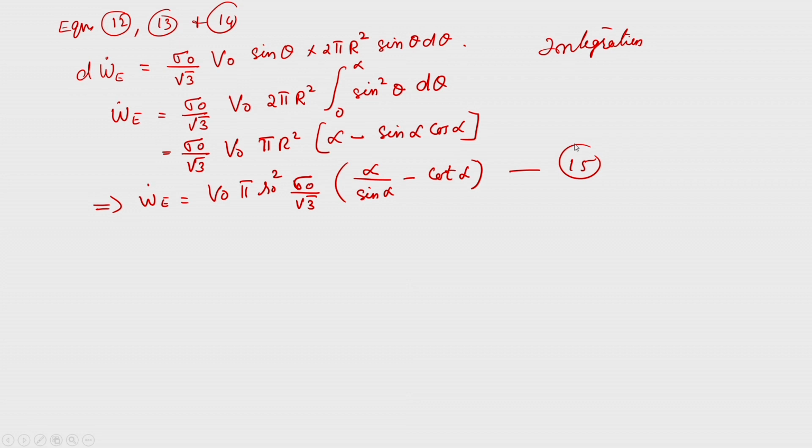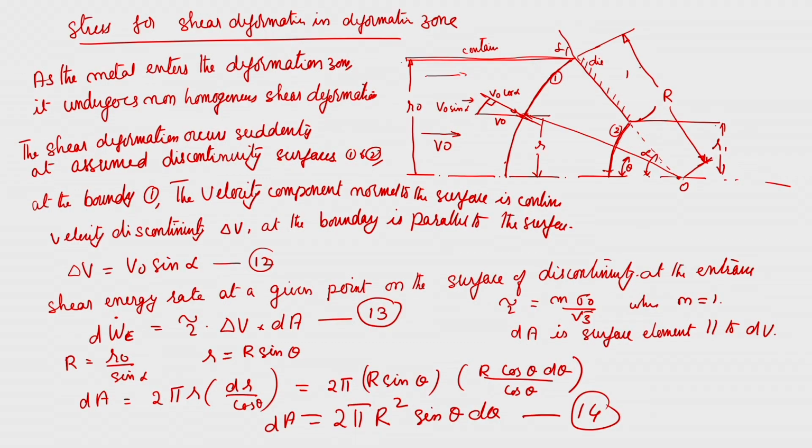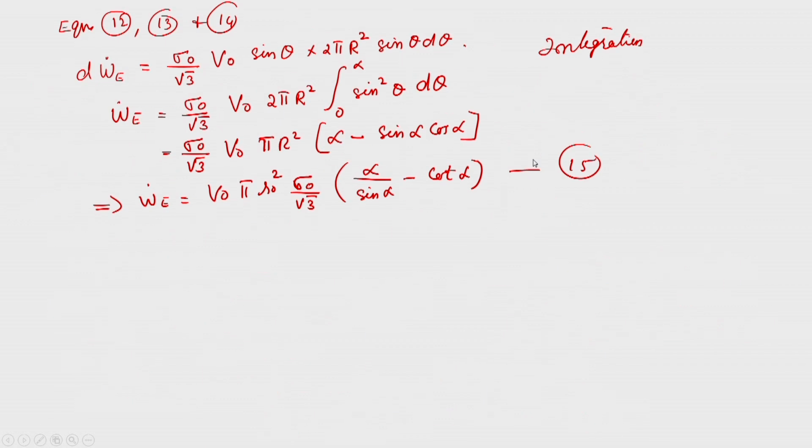Since the shear occurs at the entrance and exit, at two regions the velocity discontinuity is taking place. So, shearing is taking place once at the entry to the deformation zone, and the other at the exit of the deformation zone. So, this is 1 and this is 2. These two regions are taking place.